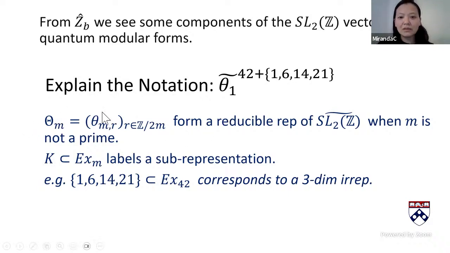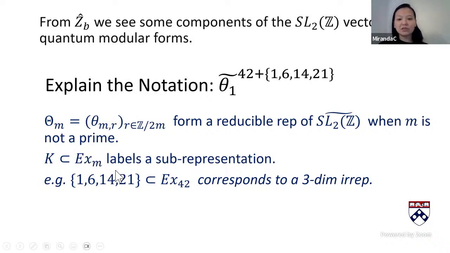So recall that these theta functions form a representation of SL2Z or its double cover, its metaplectic cover, if you want. But this representation is reducible when this level M is not a prime number. So we could label sub-representations in terms of subgroups of its exact divisors.